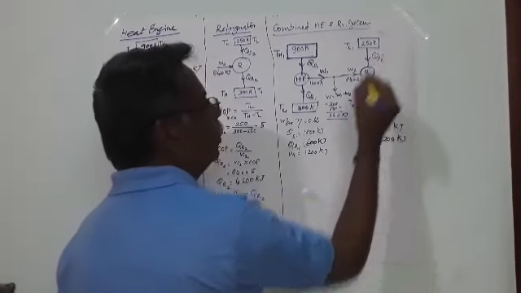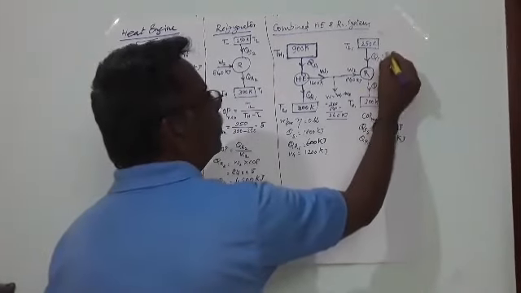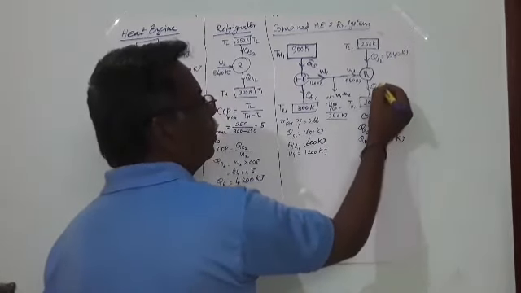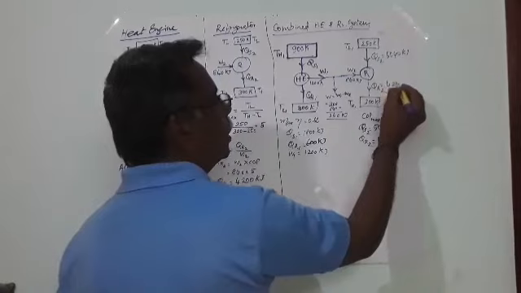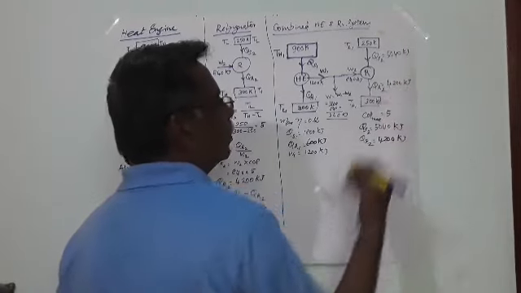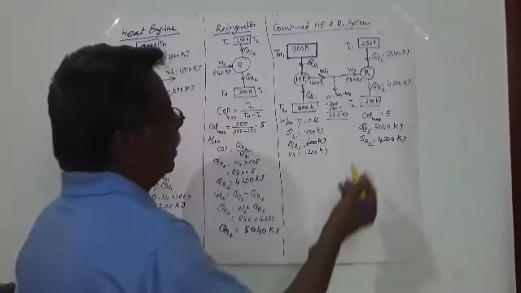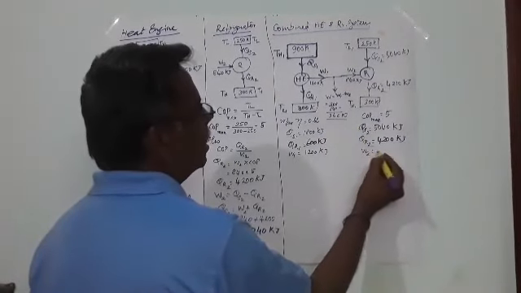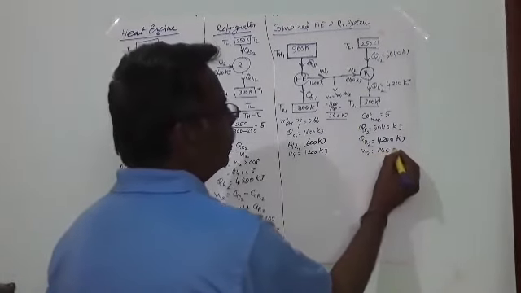And the work input to the system, we have already assumed, is 840 kilojoules.